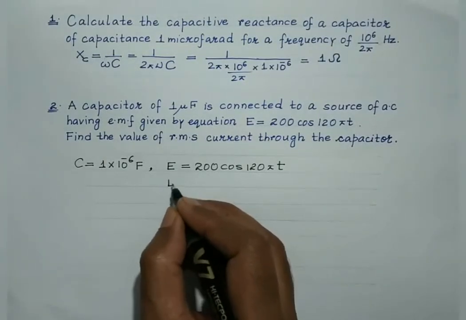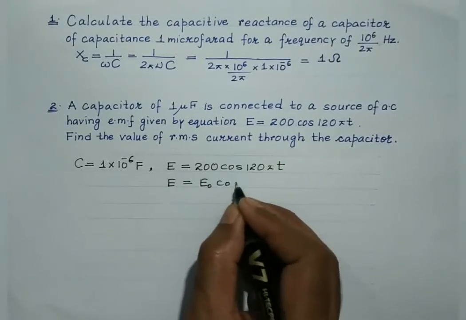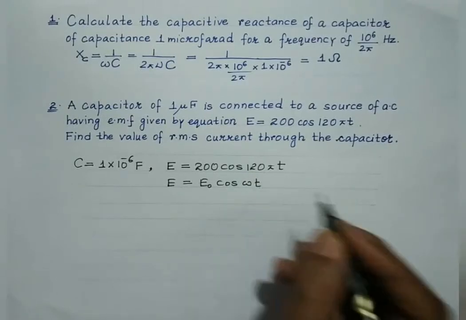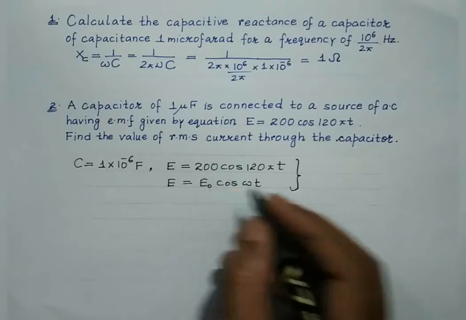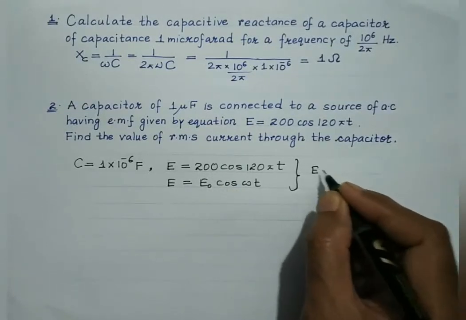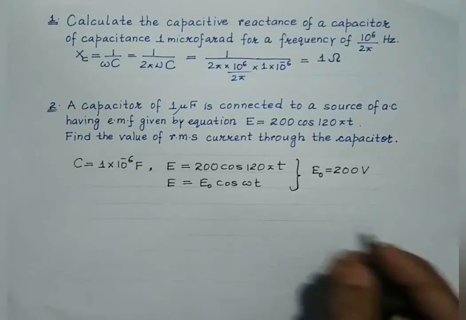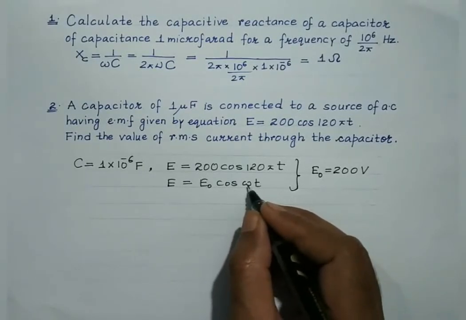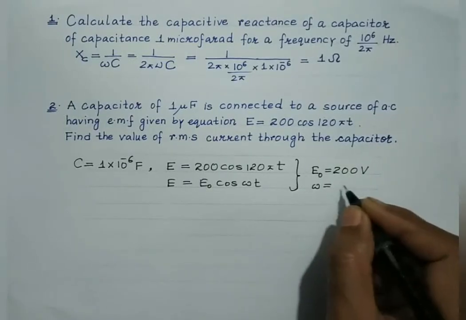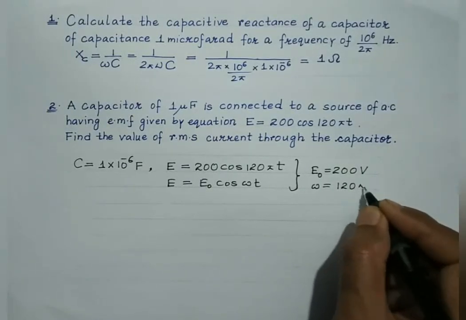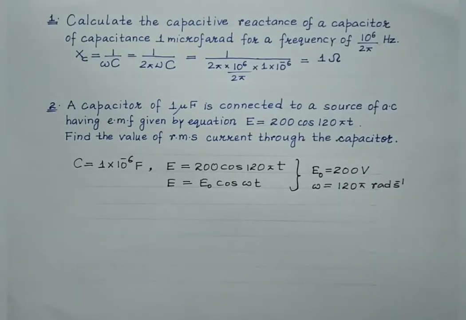So, comparing it with the standard equation E equals E naught cos omega t, what we get is E naught is the peak value of the instantaneous alternating EMF. So E naught is 200 volt. And also the coefficient of t is omega, the angular frequency. Here the coefficient of t is 120 pi. So omega is 120 pi. SI unit is radian per second, right?